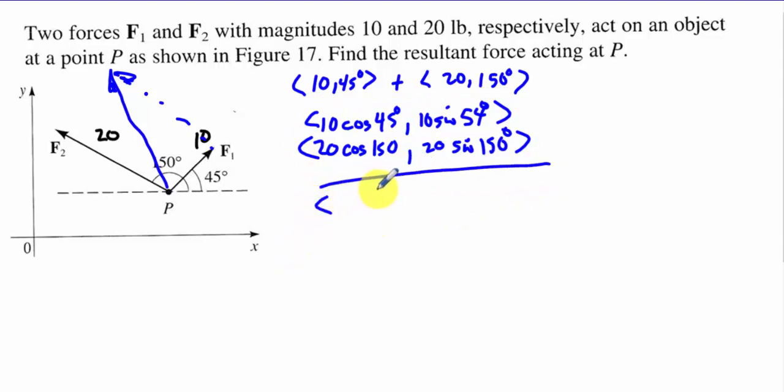And then we add those up on our calculator. We end up with approximately negative 10.25 and 17.07. Again, that's an x and a y.